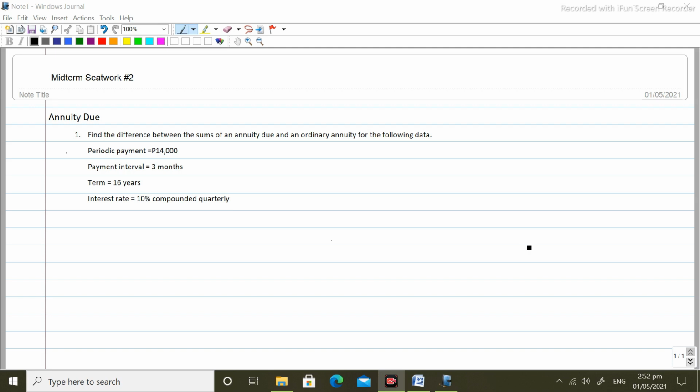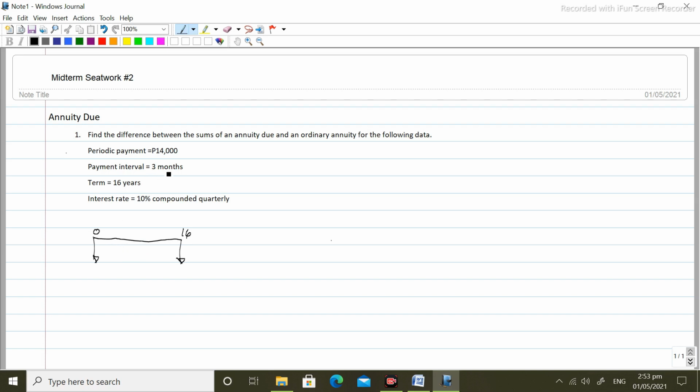Okay, so first, we draw the cash flow of the annuity due. So, we have an annuity due which starts at 0 and goes until 16 years.